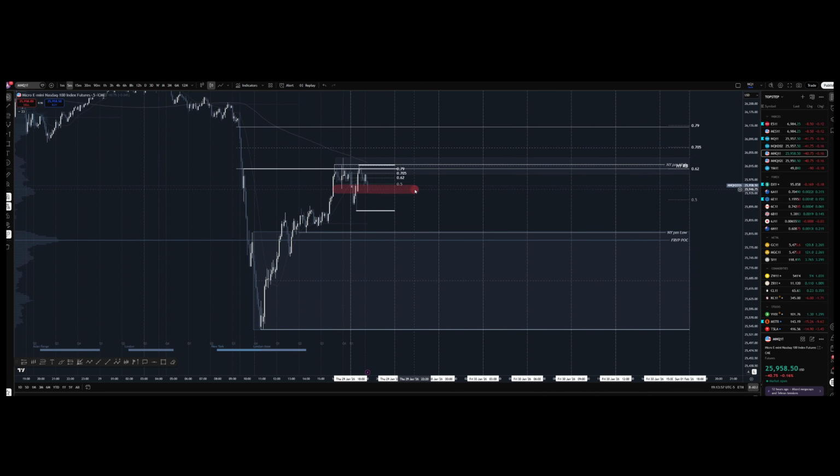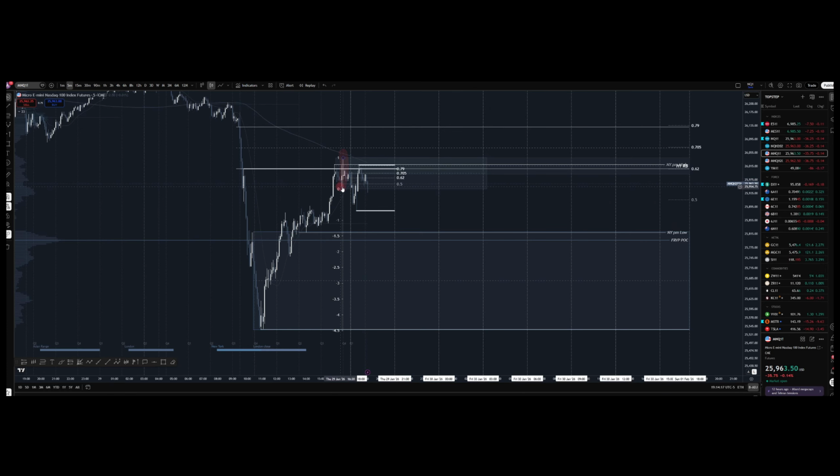Now that we've got that break below, we can draw that on as a zone as well to watch. And we can do a standard deviation pull from that one. Send to back. There we go.